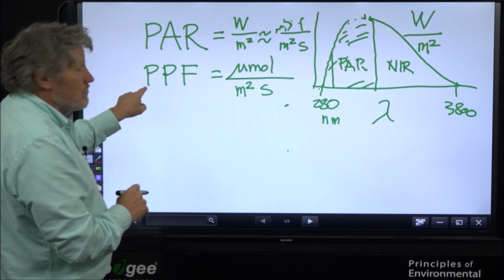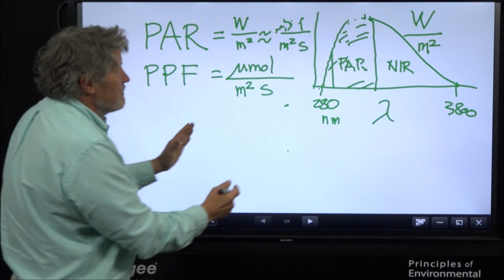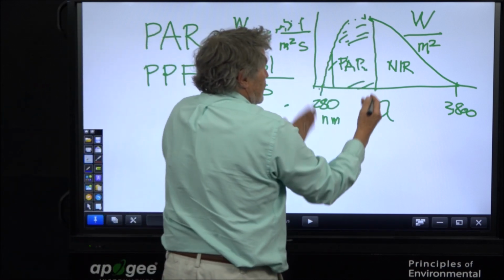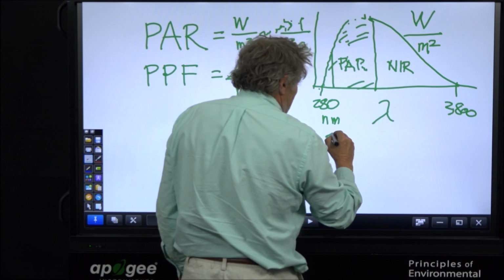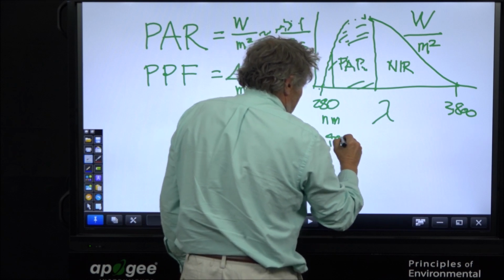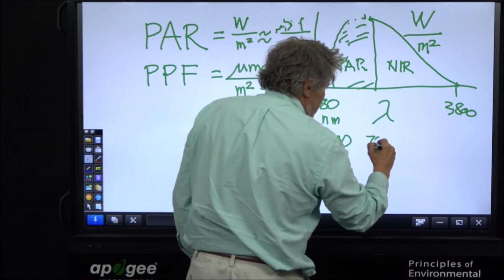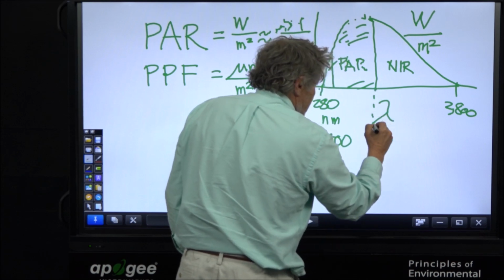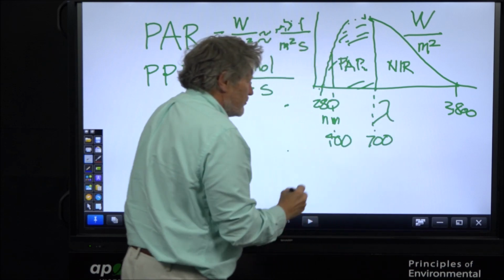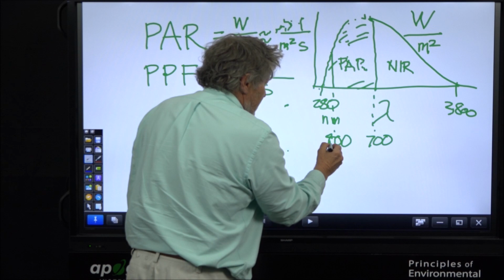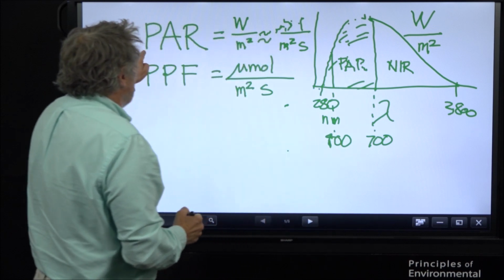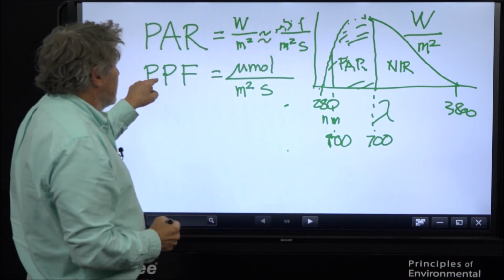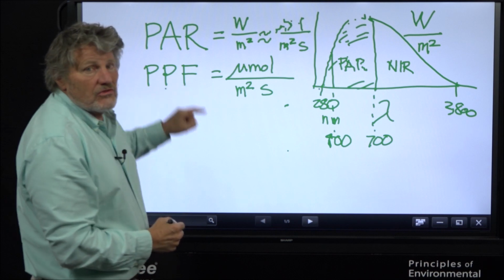Now, the P stands for photosynthetic. That means 400 to 700 nanometers. I'll write this down here. If you're going to get a degree in plant science, you've got to remember 400 to 700. Both of these are photosynthetic. This is a photon flux.